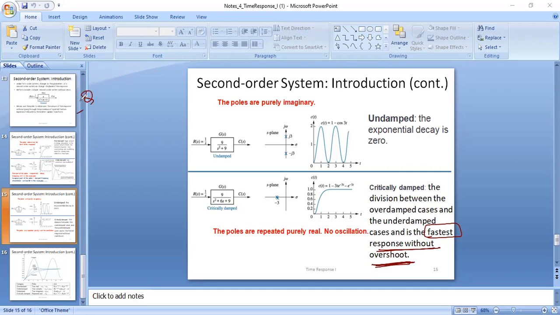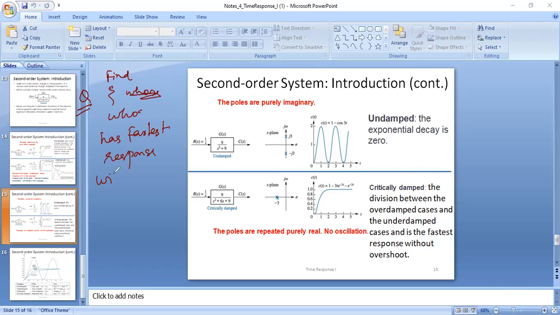I have done questions from your university, and there could be a question like: find the zeta value that has the fastest response, without overshoot. That means your zeta is 1.